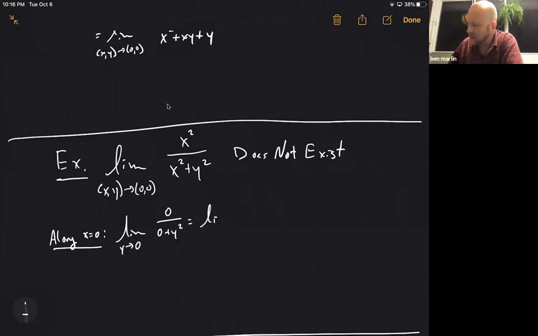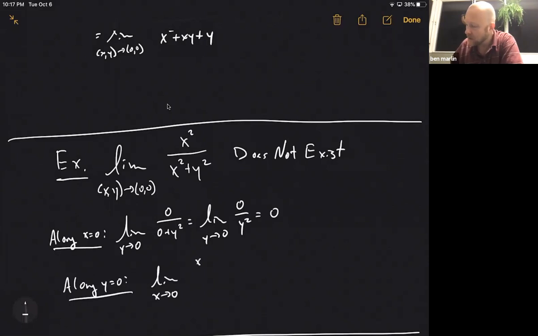So we get the limit as y goes to 0 of 0 over y squared. Now remember, the top isn't going to 0, it already is 0, so this limit turns out to be 0. But along y equals 0, you would have the limit as x goes to 0. The top is still x squared, the bottom is x squared plus 0. That's the limit as x goes to 0 of, well, those just cancel and you have 1.